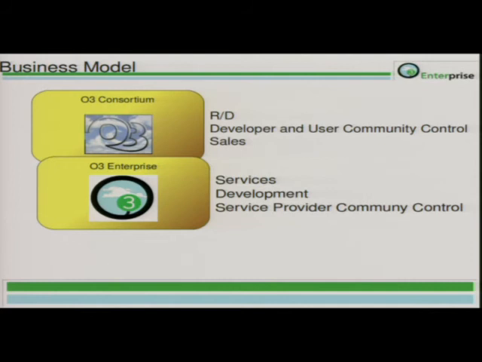O3 Consortium, the university part, offers research and development, control of the developer and user community, and sales through conferences and collaboration with other universities and research groups. And O3 Enterprise offers professional services in the market, such as development, customization, personalization of the code, and control of the service provider community.